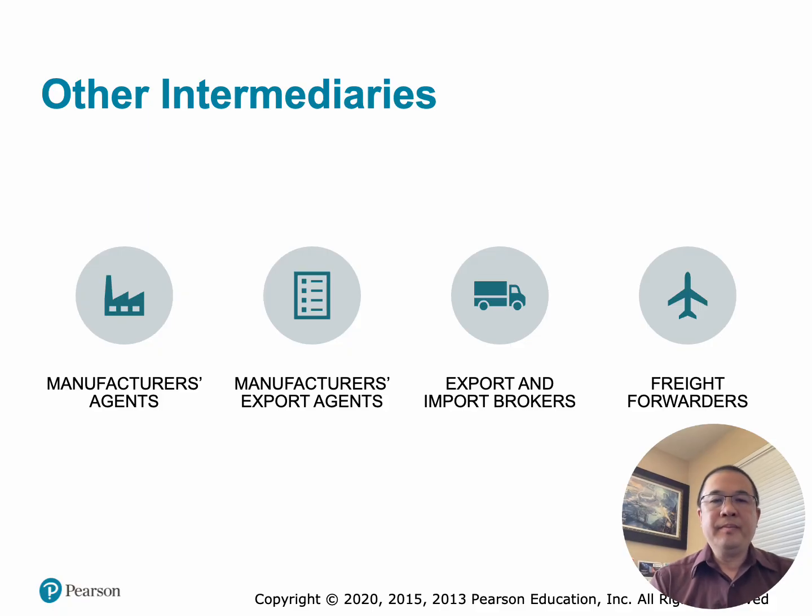What they do: they help find customers, promote products, negotiate sales, and earn commissions. What they don't do: they usually do not own inventory. They also do not take title to goods. As an example, a sales agent in South America represents several U.S. industrial equipment manufacturers. The benefit would be low-cost international sales presence.